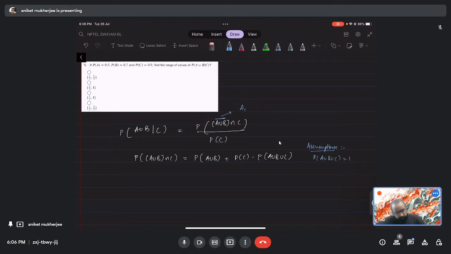Then I can further write probability of A union B as probability of A plus probability of B minus probability of A intersection B. This is a basic probability formula most of you might be familiar with.